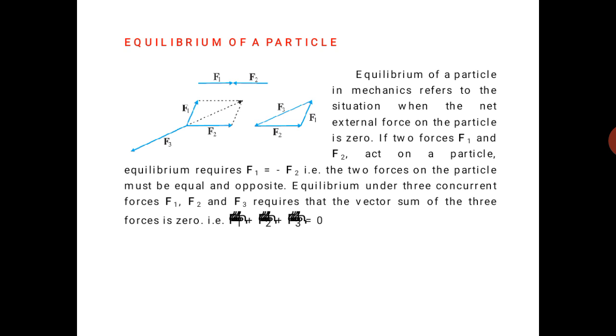So you can say F2 is opposite to F1, or F1 is opposite to F2. Only then is the body in equilibrium. So the body is in equilibrium under the action of a minimum of two forces, remember.